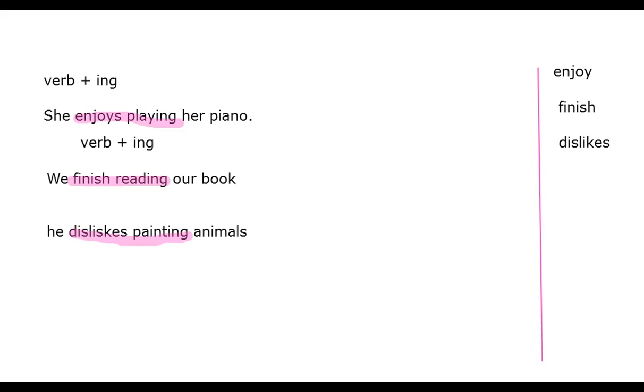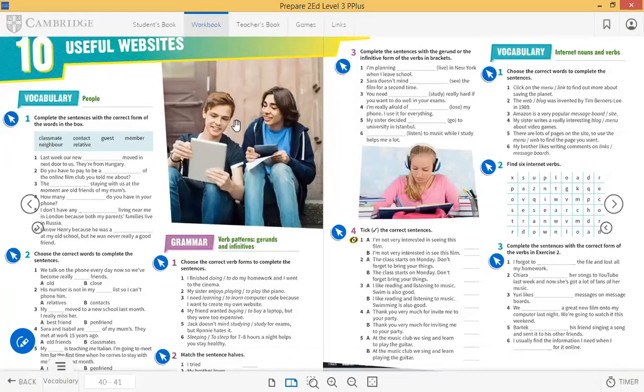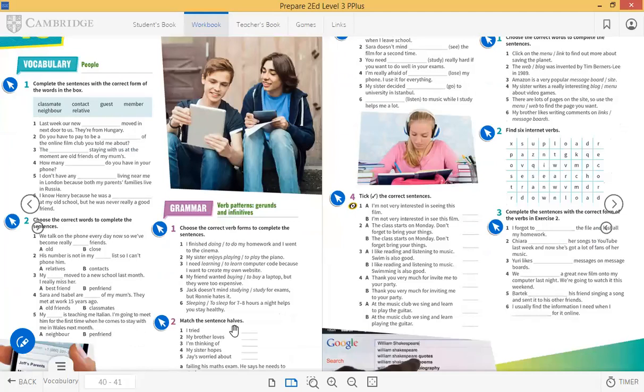All right, well, where are we working today on it? Well, number one, we are working on your workbook.